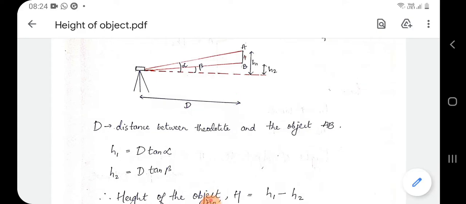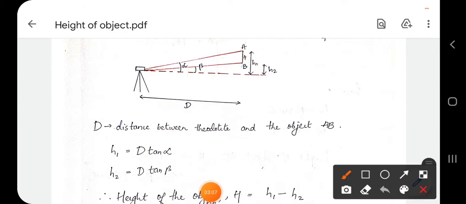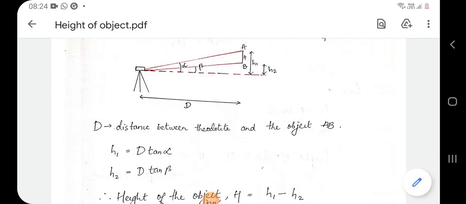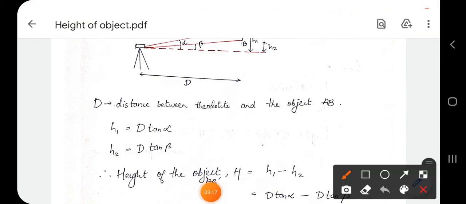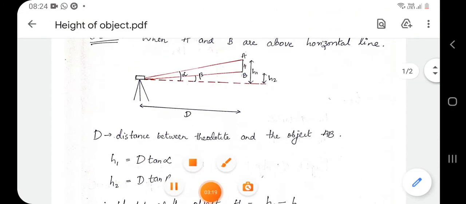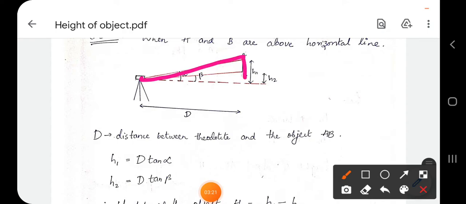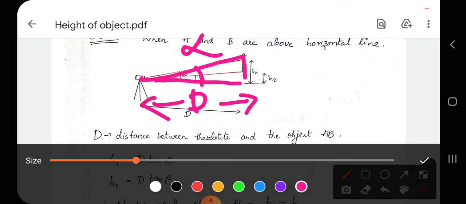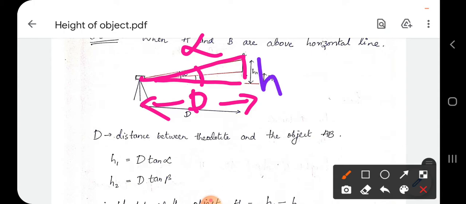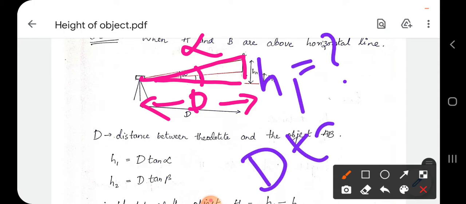So using the trigonometric formula we can find the height h1. Height h1 will be equal to d into tan alpha. So this is the triangle. We have the angle alpha, we have the distance d, so h1 is equal to d into tan alpha.